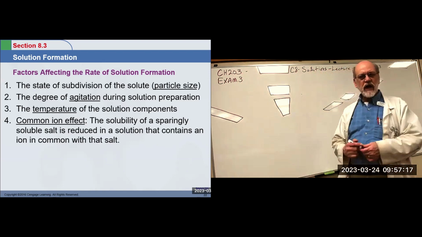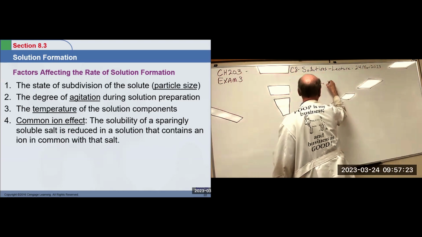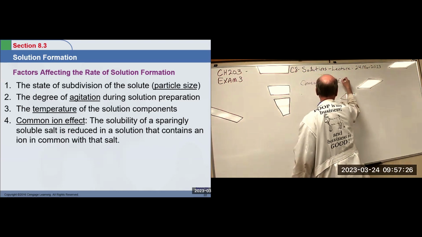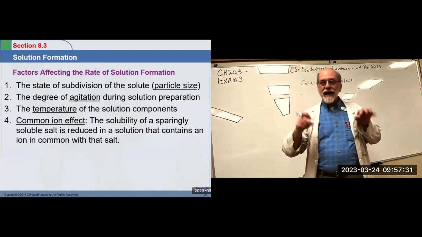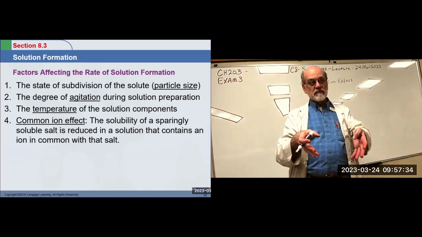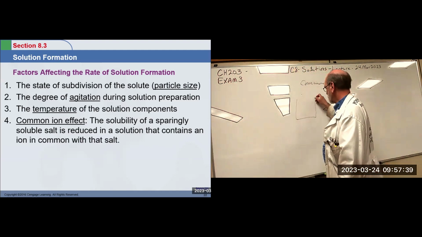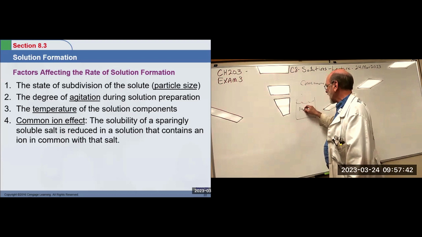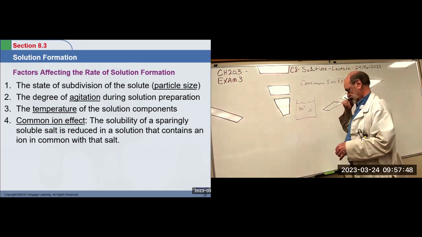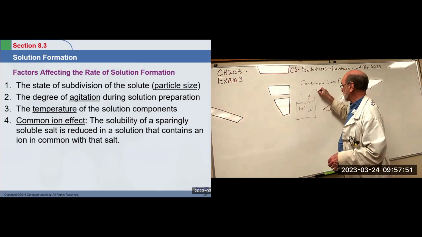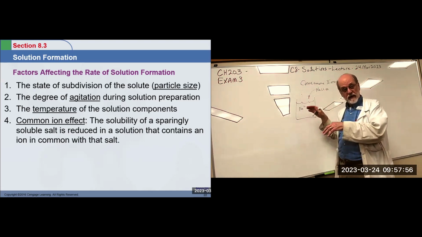Then the last one is called the common ion effect. What we mean by that is, for ionic solids that we want to put in solution, such as sodium chloride, if the solution already has some ions in it, and we put solid sodium chloride, for instance, in here, we want to get it into solution.